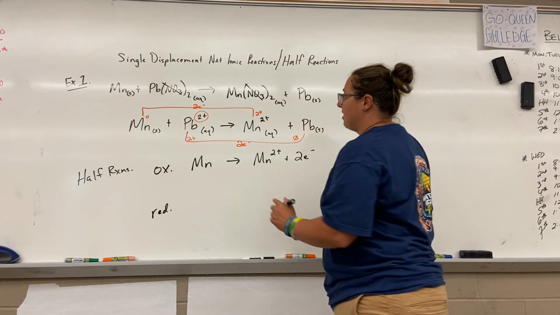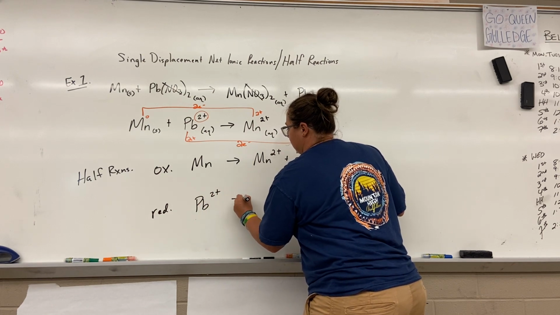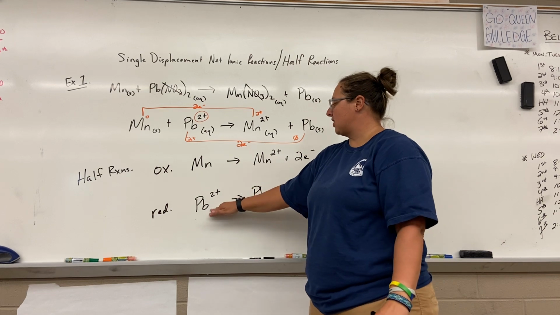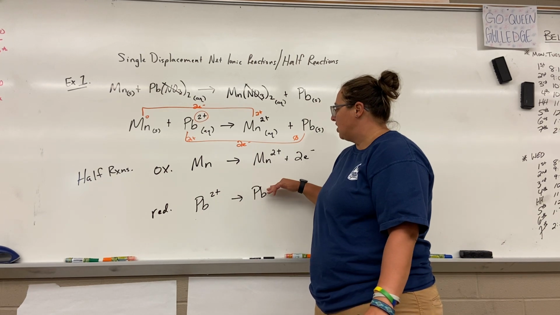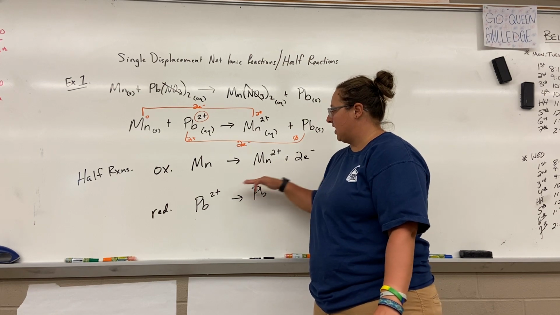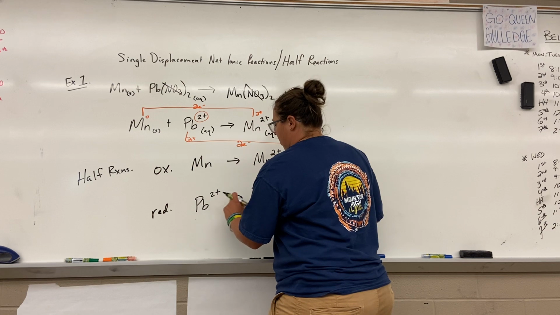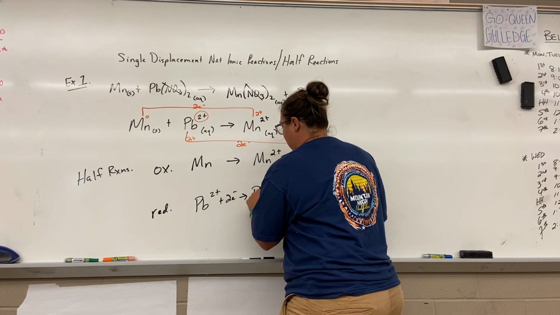So if we gain 2 electrons, then I have to be able to write my reduction half reaction here. So I have Pb2+ yields Pb. And I have to add my electrons in here in order to balance my charges. Do you see how I have a 0 charge here and I have a 2+ here? So my 2 electrons are actually going to go on this side.